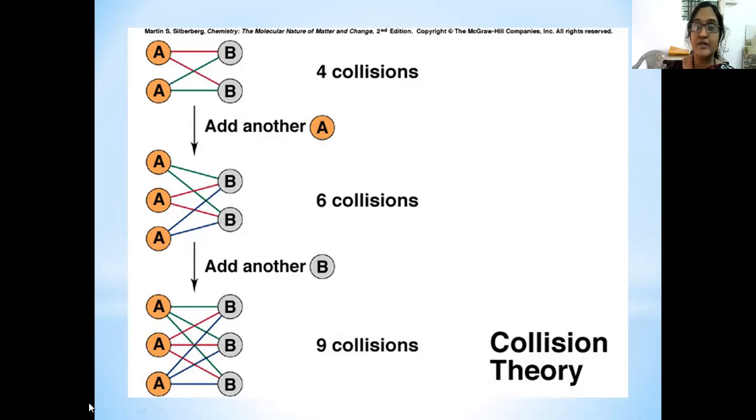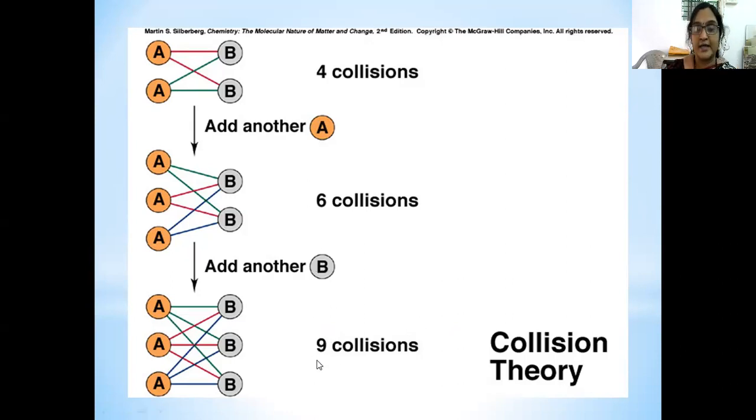All 9 collisions will not give the product, because the possibility of product formation is only 3. Though 9 collisions are there, only 3 AB will be formed.